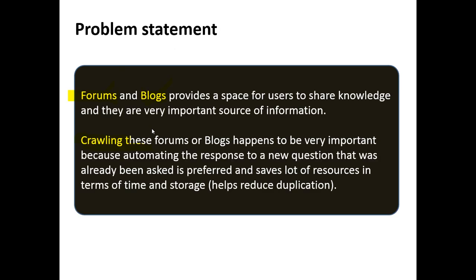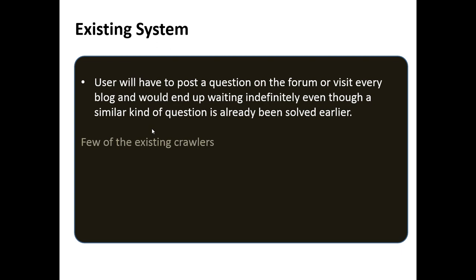Now the existing system for this problem is as follows. A user will have to post a question whenever he has something, and he needs to wait till somebody visits his question and answers it. That is not at all acceptable, because if you post a question on one forum, it may be answered in some other forum.